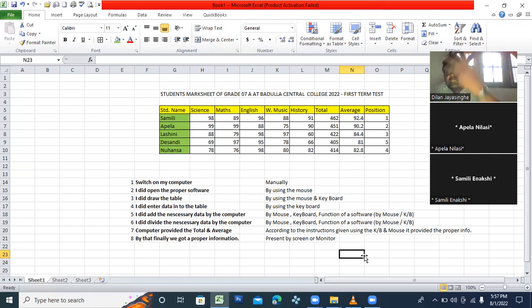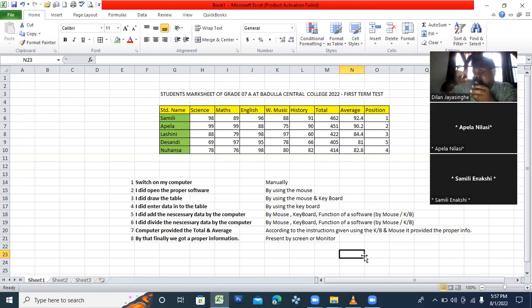How did I give the instructions? By the mouse. How did I enter data into the computer? By keyboard, right? According to the particular data and instructions inside the computer, it has already found the total and average.